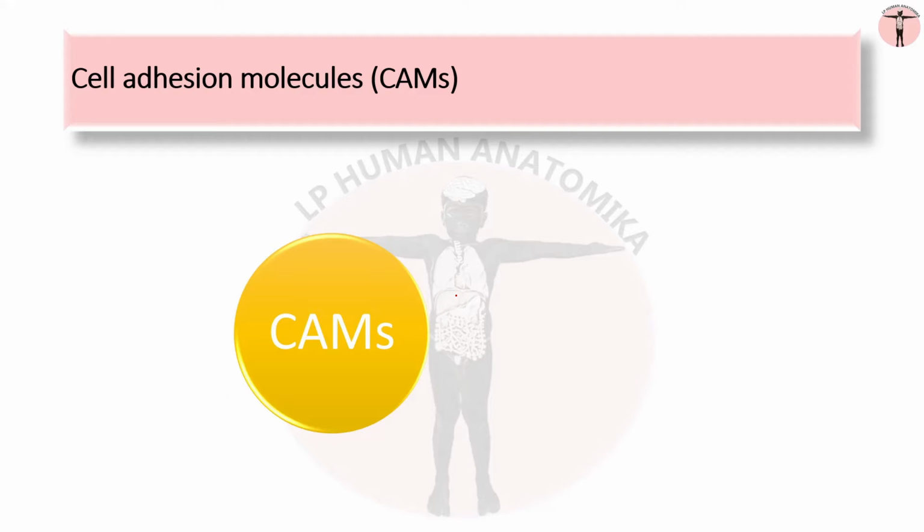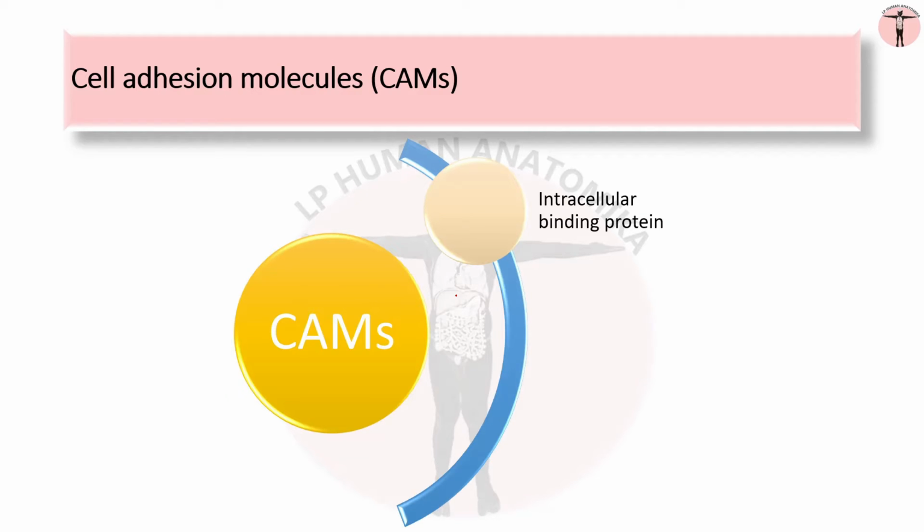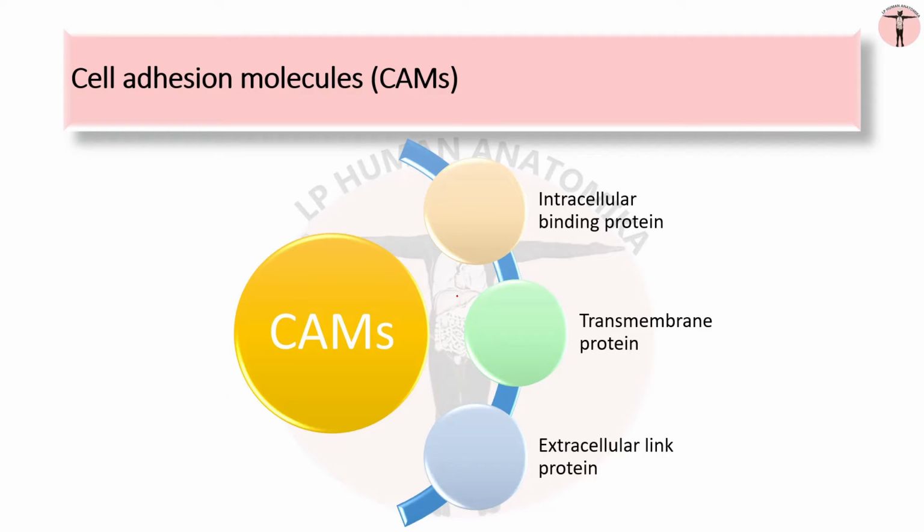These proteins consist of three domains: intracellular binding protein, which interacts with cytoskeleton and acts as an anchor within the cell; transmembrane protein, which protrudes through the plasma membrane; and extracellular link protein, which binds with other cell adhesion molecules of the same type, called homophilic binding, or with different types of cell adhesion molecules or extracellular matrix, called heterophilic binding.